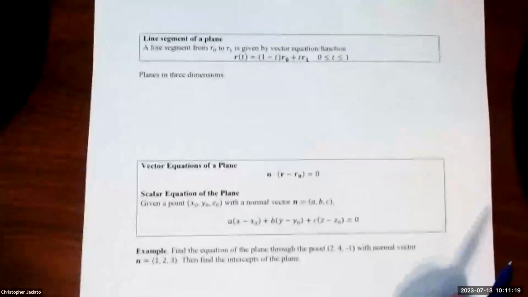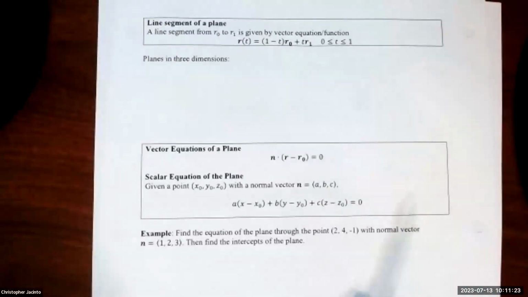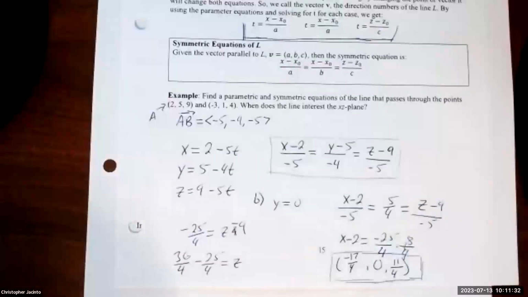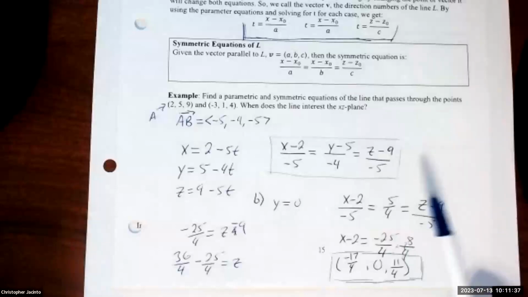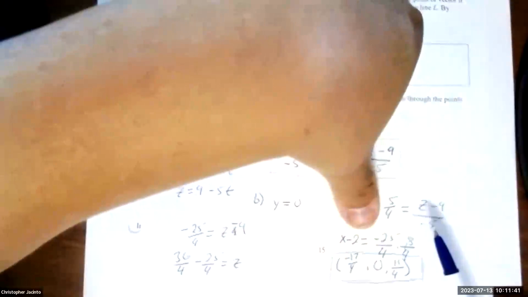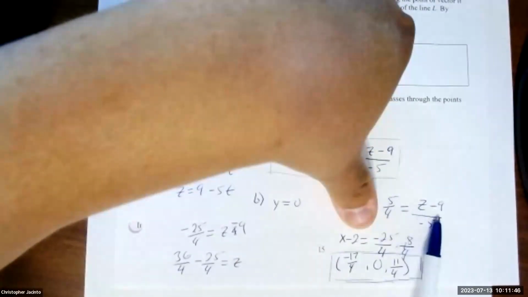Yeah. This side. So if I cover this up, you would just solve for z on this side. z minus 9.